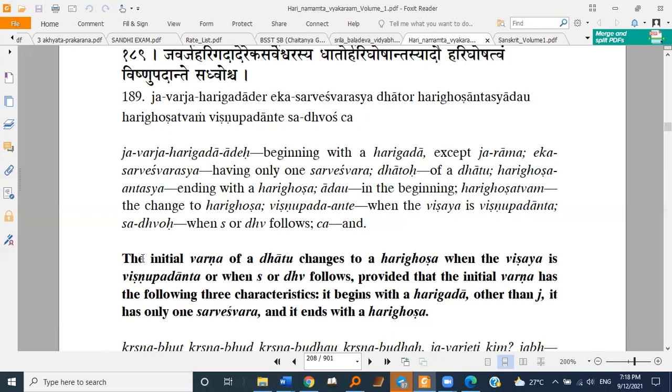So, provided that the initial Varna has the following 3 characteristics, it begins with a Hari Gada other than Ja, it has only one Sarveshwara, and it ends with a Hari Gada.